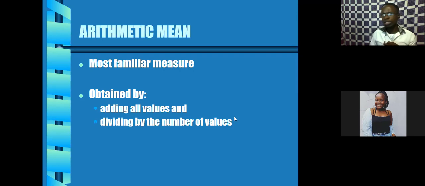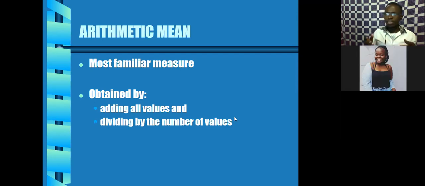One got 30%, the other one got 60%, the other one got, let's say, 96%. The average mark of those three is calculated by adding the 30%, the 60%, and the 96%, and then dividing by 3 because there are 3 marks there. That is what is called the arithmetic mean.